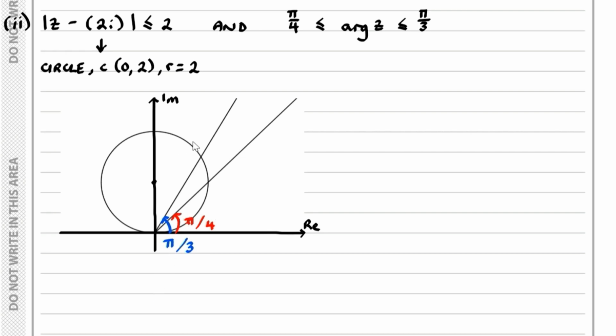So the region we want is everywhere inside the circle and in between the two lines. So here we've got the required region which satisfies both of these. So this is the first part.